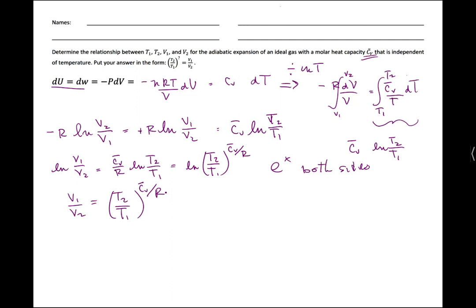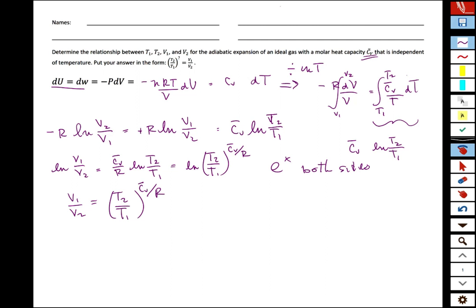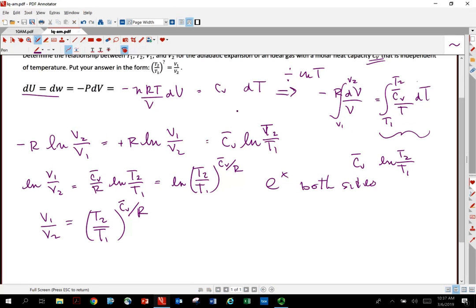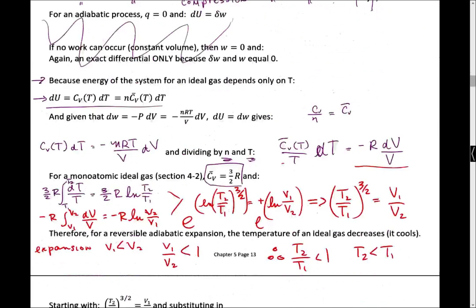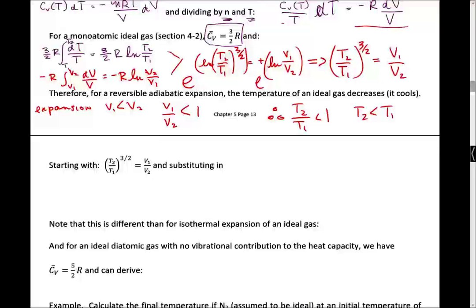Okay, let's put that aside for now. Let's go back. The next thing that we want to do, and you want to pay attention to what I'm doing here because I'm going to let you do this part on your own, is get a function that describes the pressure-volume relationship.